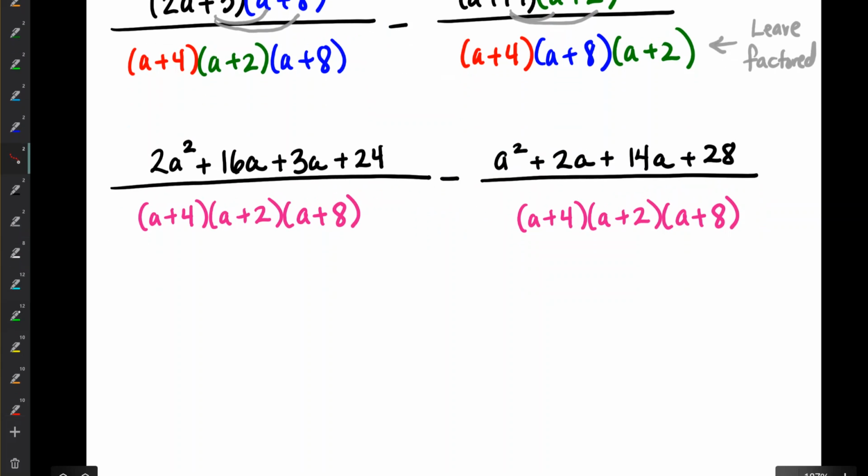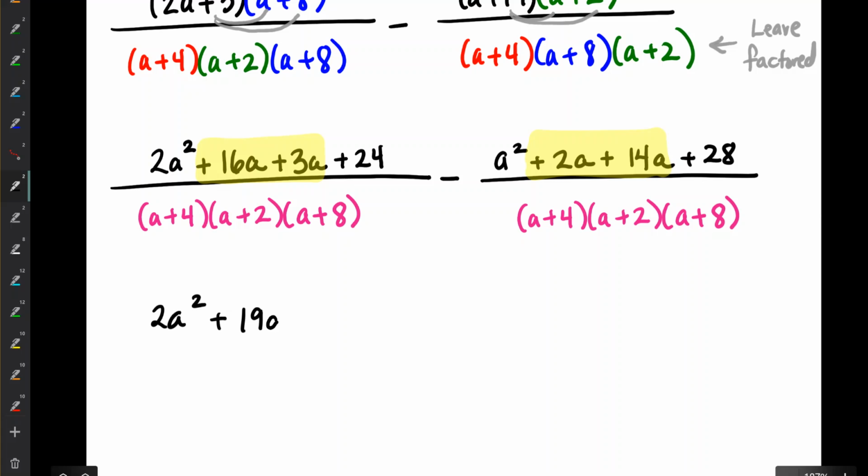And I'm just now noticing that we do have some like terms here. Let's go ahead and combine them, and then we'll do our subtraction. 2a squared plus 16a plus 3a is plus 19a, all over my common denominator.